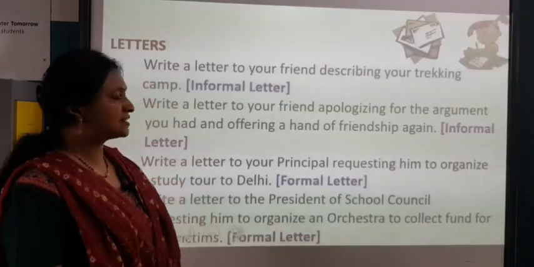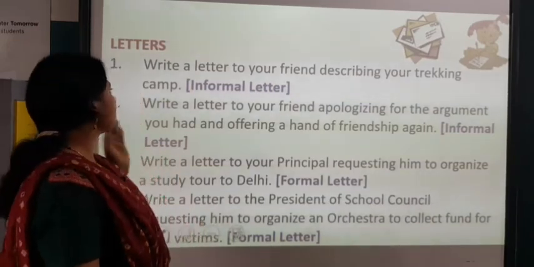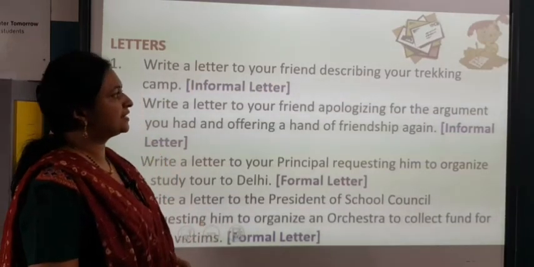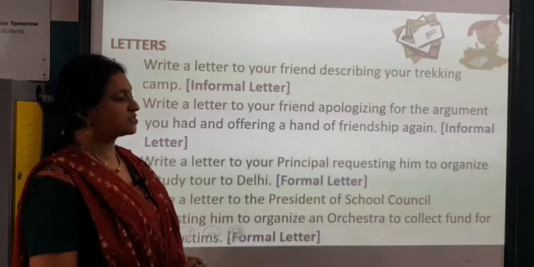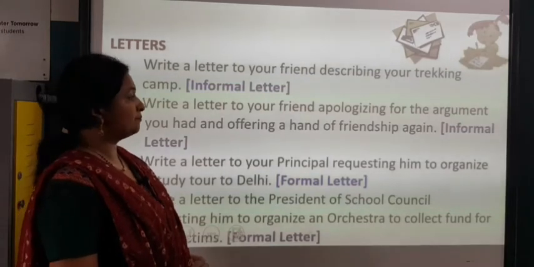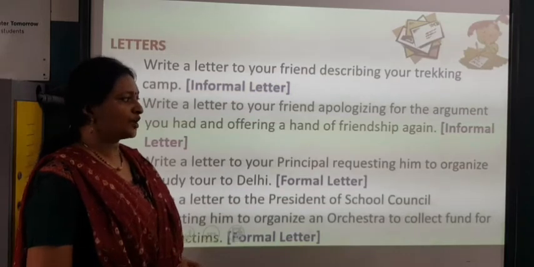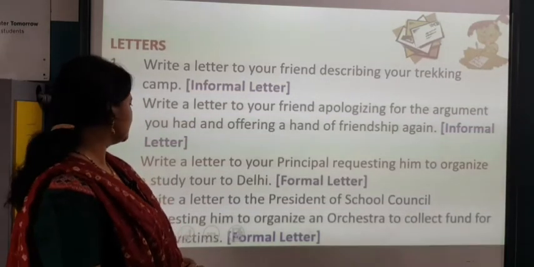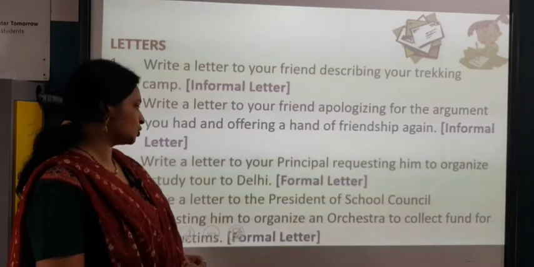So for your first semester, we have four letters only. First one is write a letter to your friend describing your trekking camp. It's an informal letter because it's to a friend. Write a letter to your friend again, apologizing for the argument you had and offering a hand of friendship again, informal letter. Write a letter to your principal requesting him to organize a study tour to Delhi.